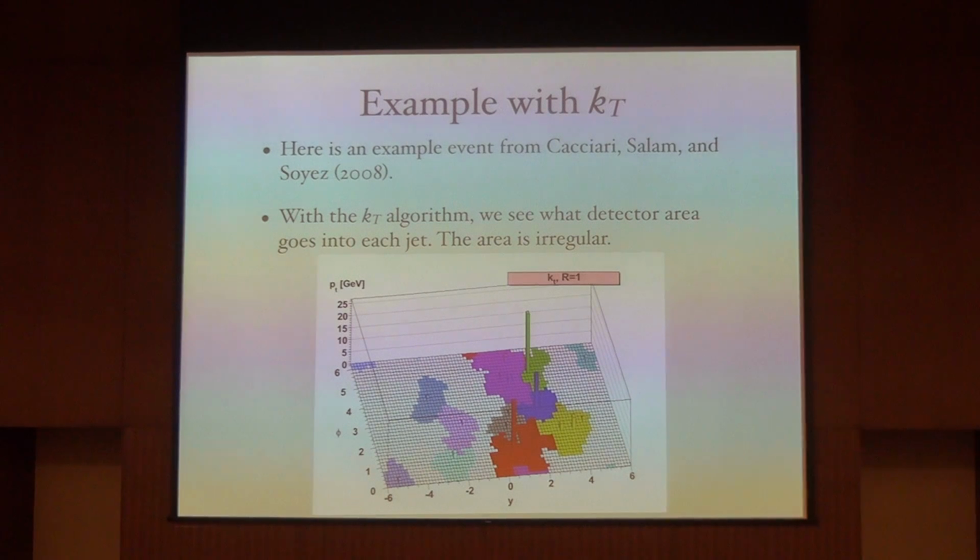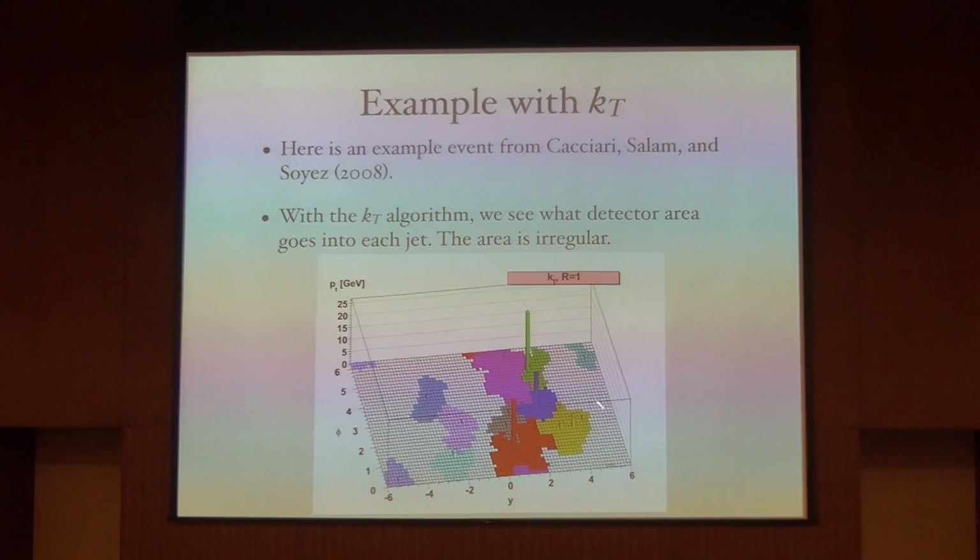Okay? Here's just a picture that I think is rather nice. It's from a paper of Cacciari, Salam, and Soyez. They just took a sample event and made a Lego plot of it and grouped it into jets with a KT jet algorithm. And then they put in a lot of little teeny cells all over the place, everywhere, but only with 1 electron volt of transverse momentum in each little cell, just to see where those cells would go. Which jet would they belong to?